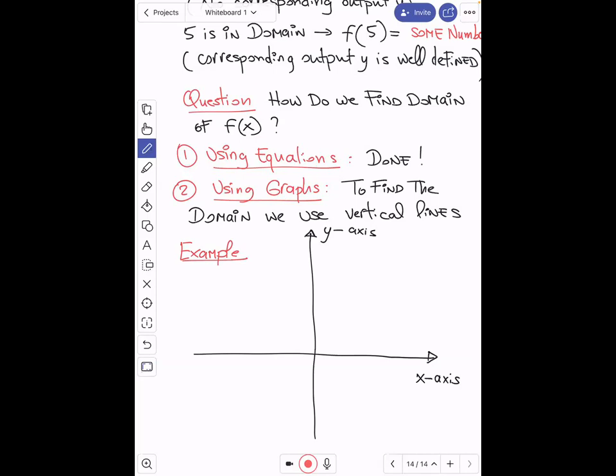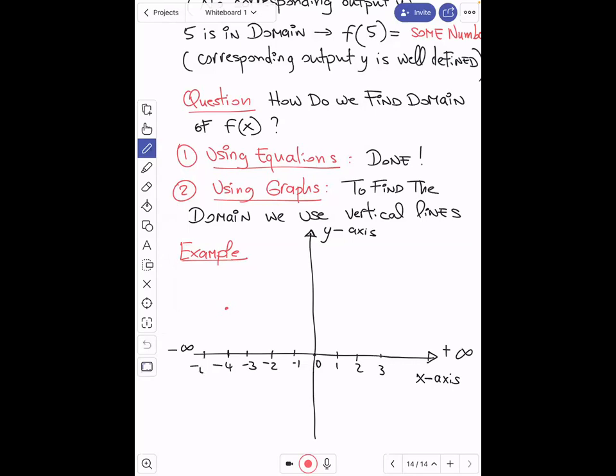Now, let me just graph some function f. I'm going to put some numbers here on this number line. So this is, let's say, 4, 1. This is of course 0, 1, 2. An axis is just like a number line. Now, let's say we have the following function. So let's see here how it works. On the left we're going to have negative infinity, and here on the right it's positive infinity.